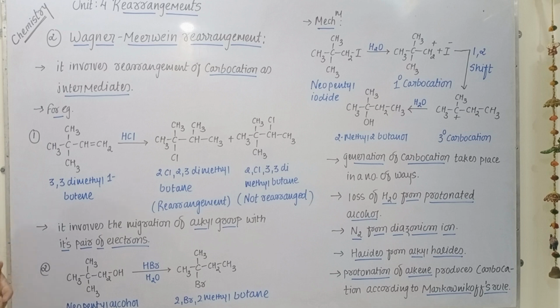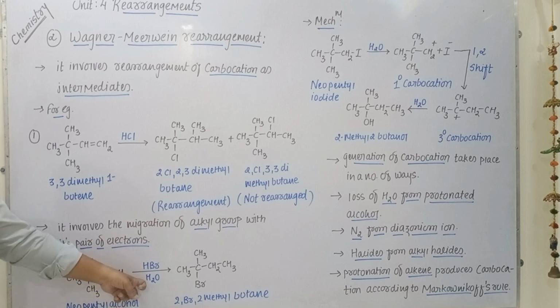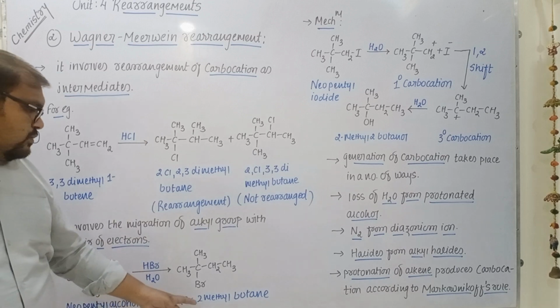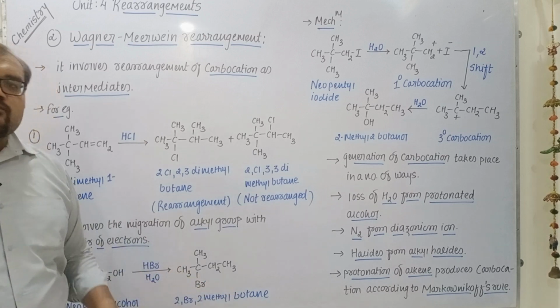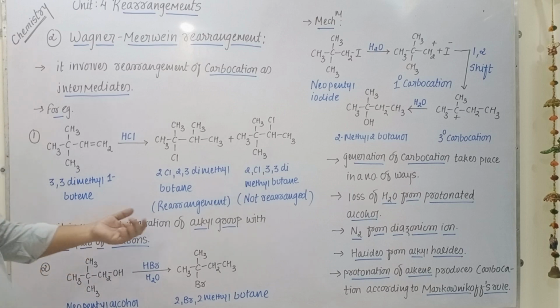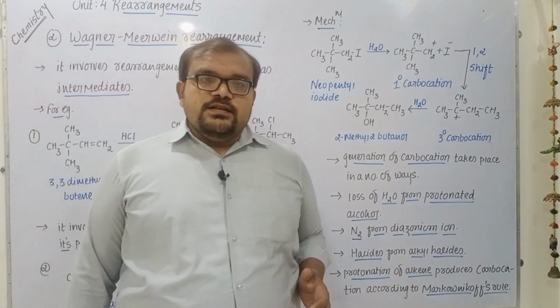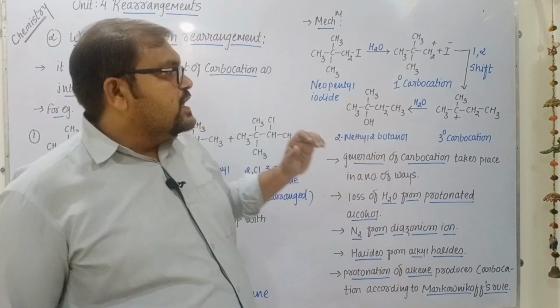This can be better explained with one more example, as we can see here: neopentyl alcohol, when it undergoes reaction with HBr in presence of H2O, gives 2-bromo-2-methylbutane as a rearranged product, right? How this conversion is carried out can be easily explained with the help of the mechanism.